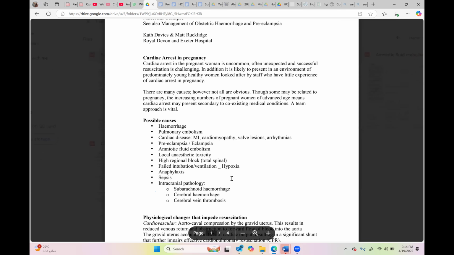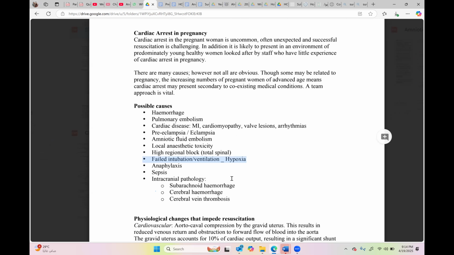So these are possible causes. There may be hemorrhage, embolism, cardiac causes, preeclampsia, eclampsia, amniotic fluid embolism, local anesthetic toxicity, if there is any epidural or spinal, failed intubation, anaphylaxis to any drug, sepsis, any intracranial pathology.